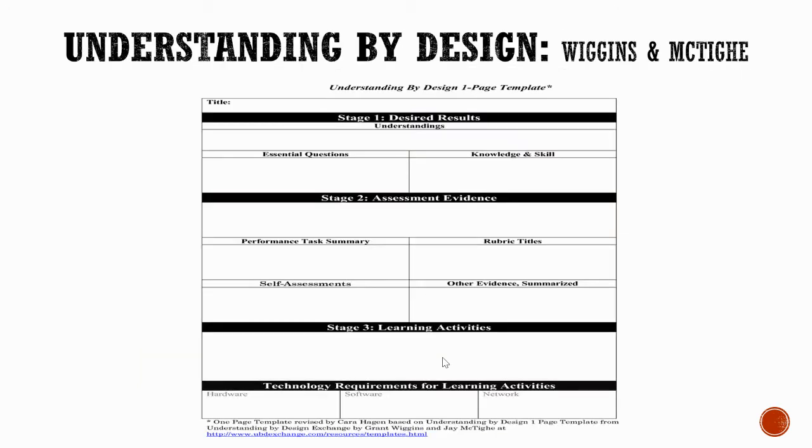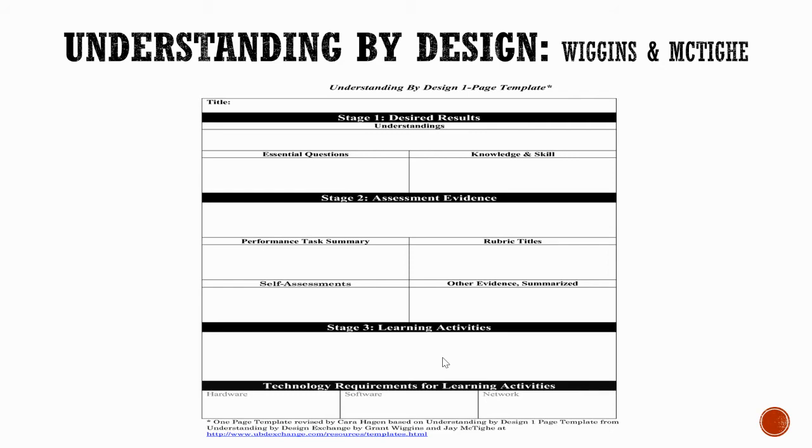Understanding by Design, or UbD as it came to be called, also incorporates a template defined in 3 stages. Stage 1 defines the desired results, Stage 2, the assessment evidence to be used, and Stage 3 outlines the learning activities.